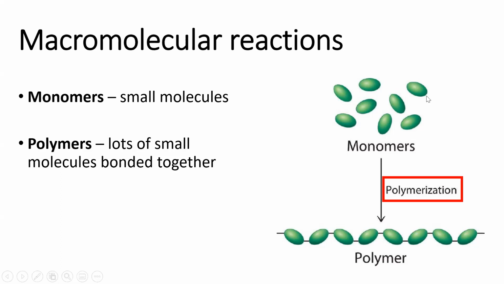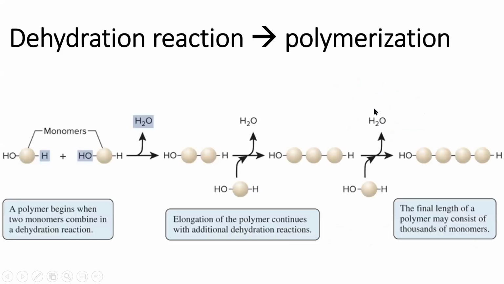The reactions that we're going to be talking about are how you take these individual units and combine them to form this large polymer. And then you go in the opposite direction, taking these polymers and breaking them down into monomers.